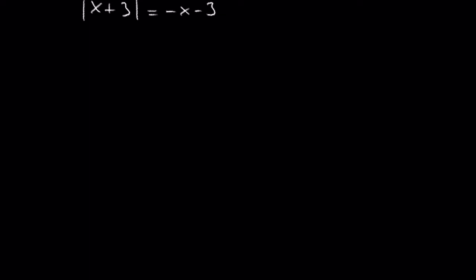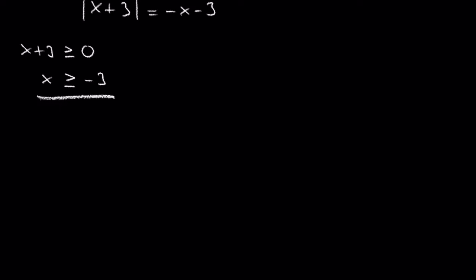The first case is x plus 3 is greater than or equal to 0. We see after subtracting 3 on both sides that x is greater than or equal to negative 3. In other words, the expression inside the absolute value bars is greater than or equal to 0 only when x is greater than or equal to negative 3.